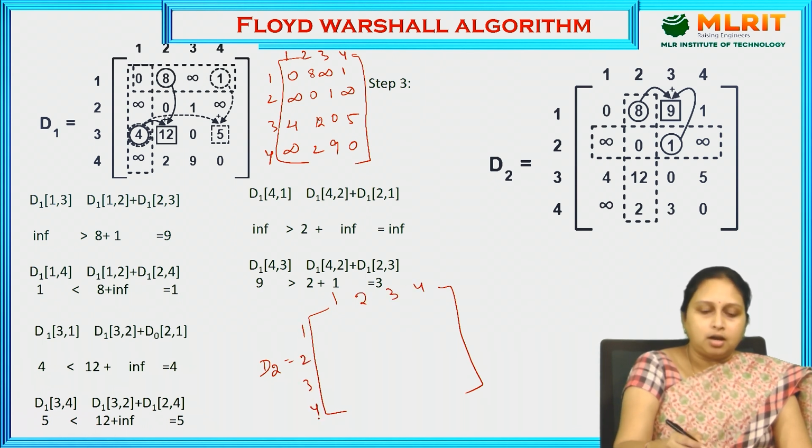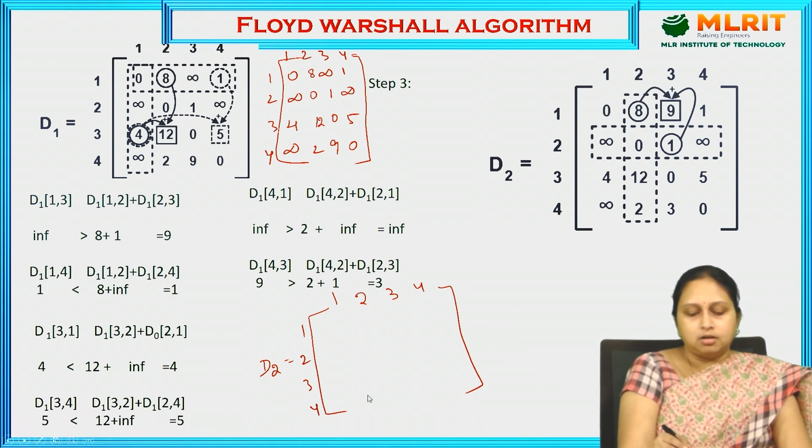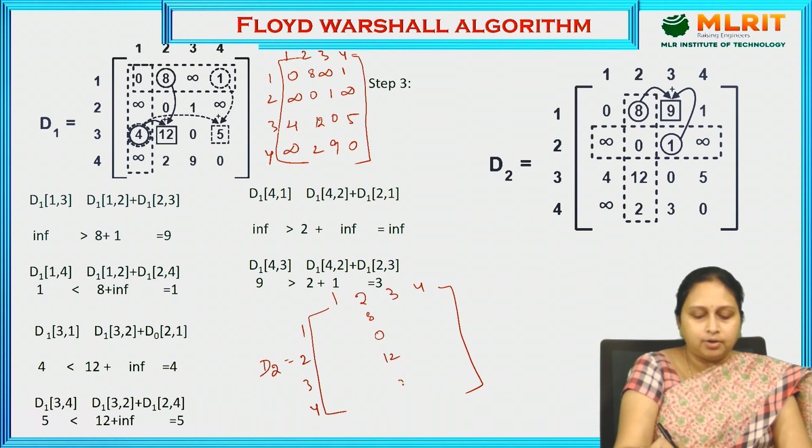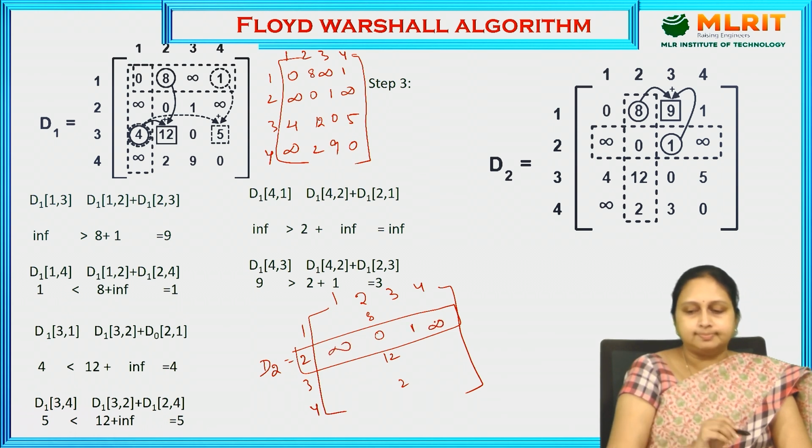Okay. Now we need to place the second vertex column and row as it is, and the remaining values we need to find. For the second row or column, what are the values? 8, 0, 12 and 2. And for the column or row we have infinity, 0, 1 and infinity.